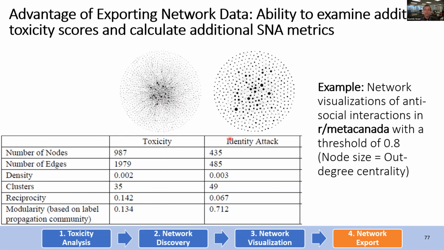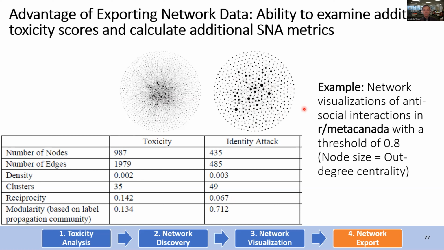But when you're looking at identity attacks, only 6%, or 7% if you round it up, of connections were reciprocal. So people were less likely to reply to identity attack with identity attack messages. It really differentiates perpetrators of this type of attack versus victims on the receiving end, and gives you a different dimension and additional research questions to explore.